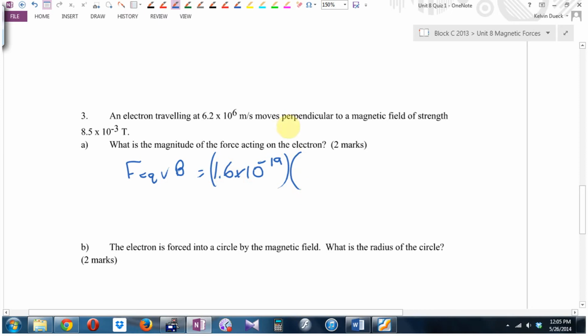V, it is moving perpendicularly. I double-checked. 6.2 times 10 to the 6th.